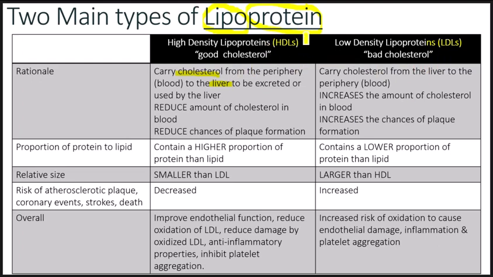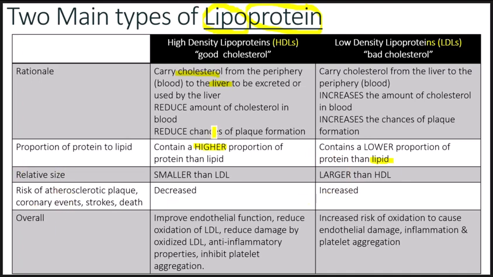And so it might make sense to you that with HDL, that good cholesterol, it's going to be made up of more proteins. Whereas the bad cholesterol is going to be made up of less proteins and more lipids, but we'll see a picture of that soon. We'll also see that HDLs are smaller in size. The LDLs that have more lipids and less protein are larger in size.